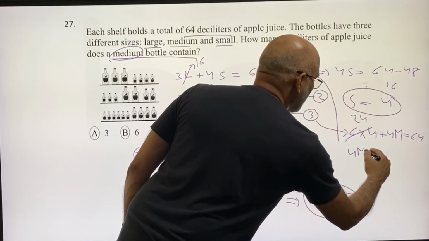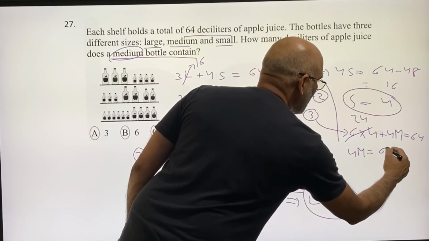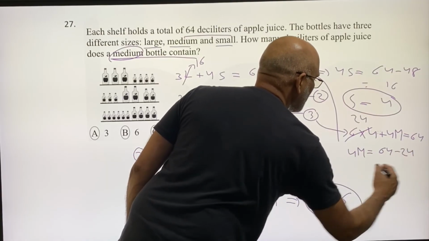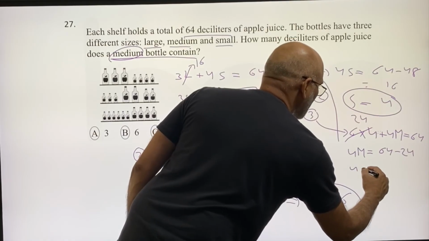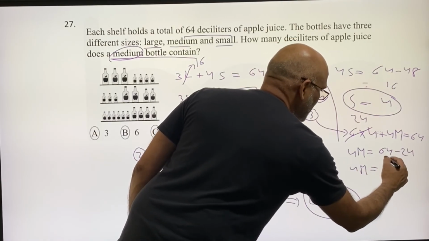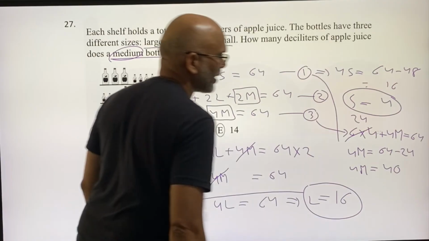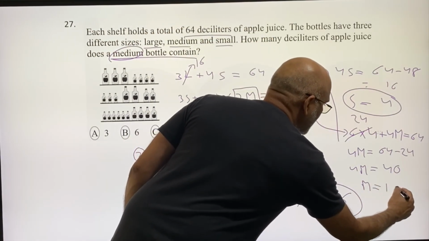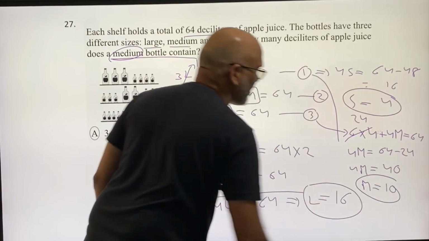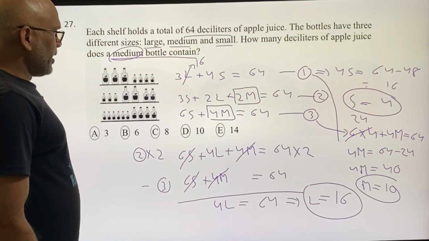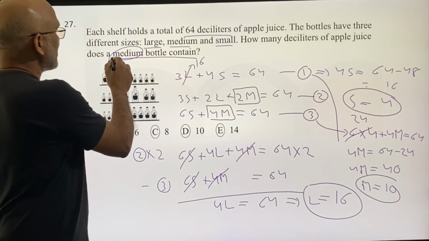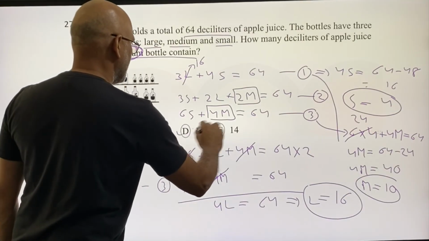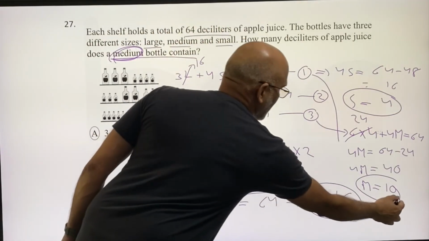So 4m is equal to 64 minus 24. So 4m is equal to, this is 40, right? Then m is 10. Divide both sides by 4. Okay. And we want the medium bottle. Then D is the correct choice. M is 10.